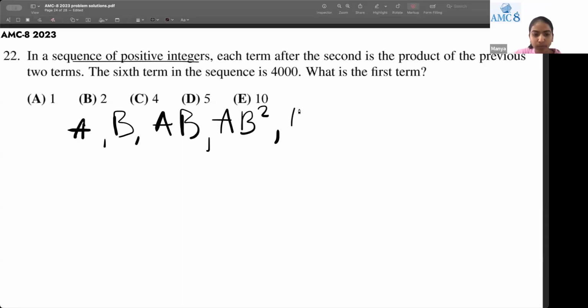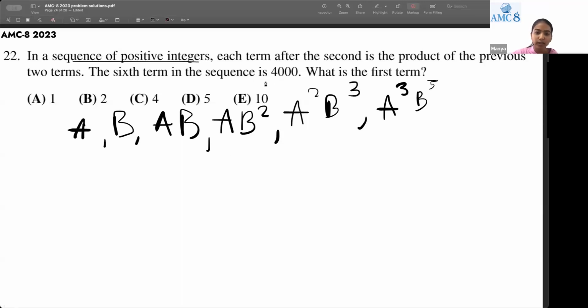And the fifth one should be a squared and b cubed, b to the power 3. And the sixth one should be a to the power of 3 and b to the power of 5. And this is the sixth term.